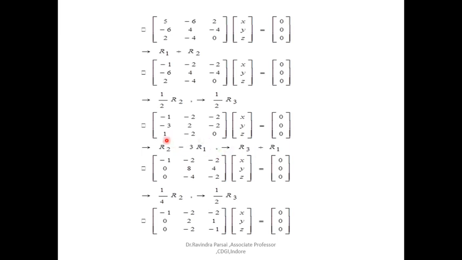So adding, this gives 1 minus 1 0, minus 2 minus 2 minus 4 minus 2, times x y z, equal to 0 0 0 0. Now the next intention is, because the second row is divisible by 4 and the third row is divisible by 2, we are doing this manipulation and then making the elements below to 0.